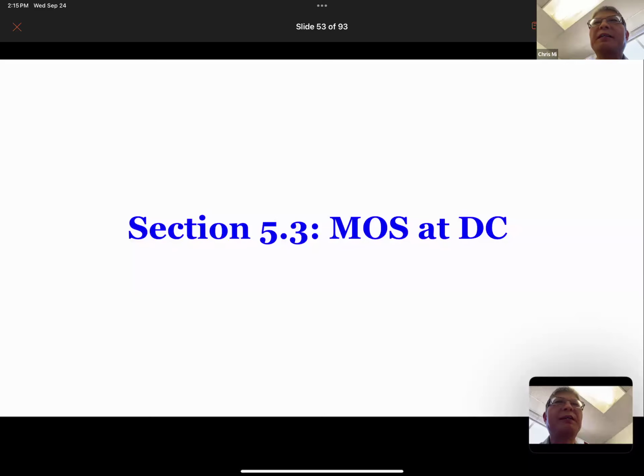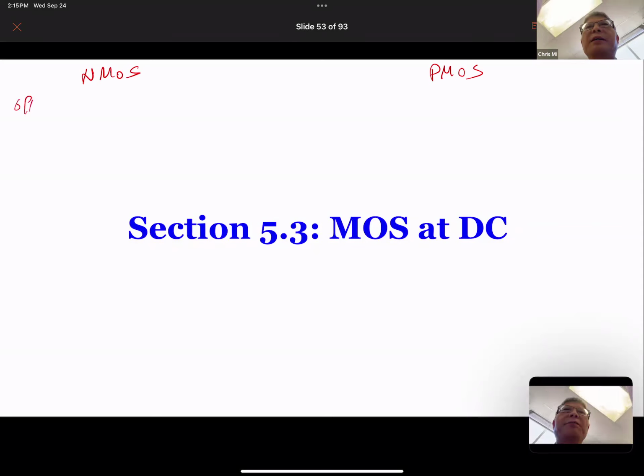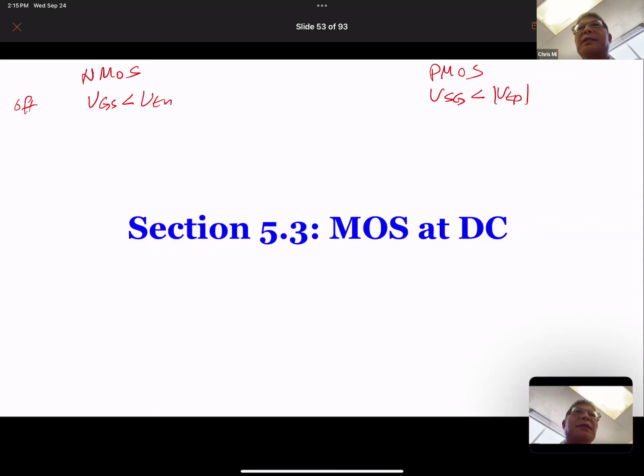So if you look at NMOS and we look at PMOS, guys, take note that the off region means VGS less than VTN, and VSG less than the absolute value of VTP. Okay, so this is the difference.